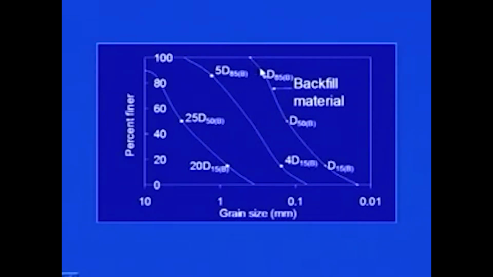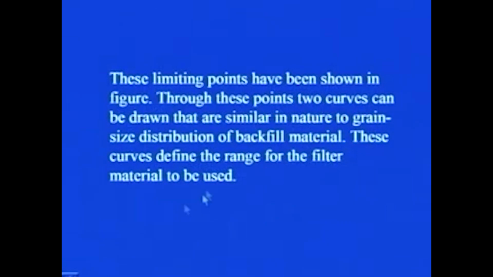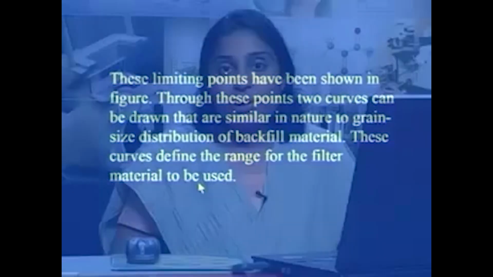Simply follow the pattern which the backfill material's grain size distribution is following, and you get these 2 curves. So, through these points, 2 curves can be drawn that are similar in nature to the grain size distribution of the backfill material. These curves define the range for the filter material to be used. So, this is what was about the filter design criteria.